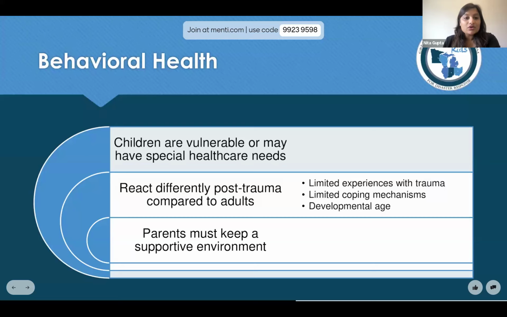This depends on their previous experiences with trauma, coping mechanisms, and even their developmental age. Post-disaster, it may be harder on children as they have less situational awareness, leading to feelings of loss of control. Children learn from their surroundings, so if parents or caregivers have a calm and supportive environment, the child will also respond similarly.